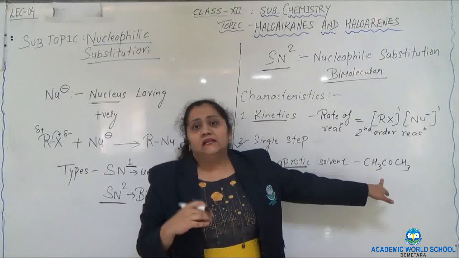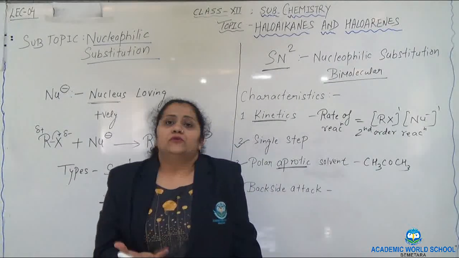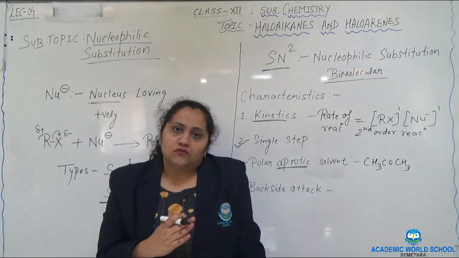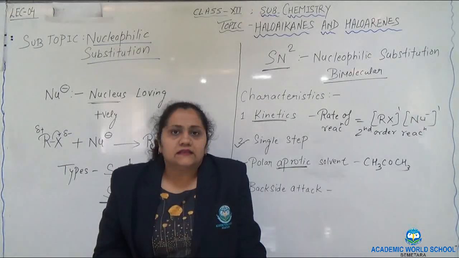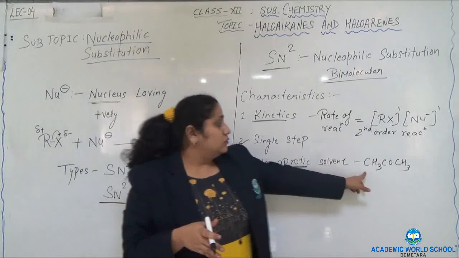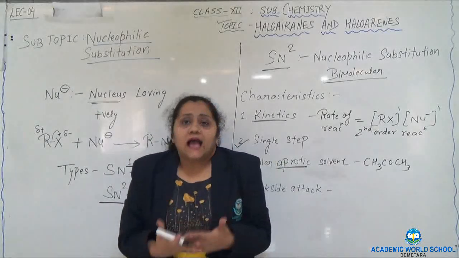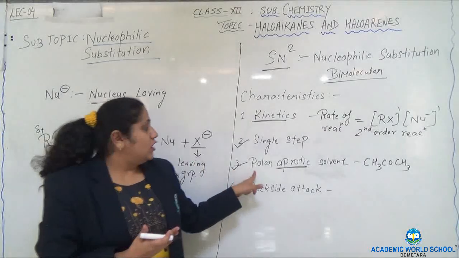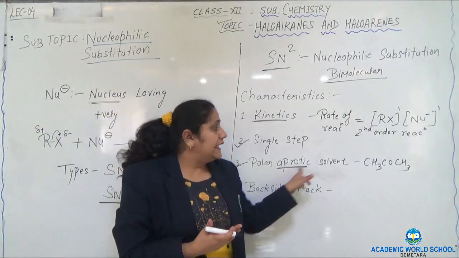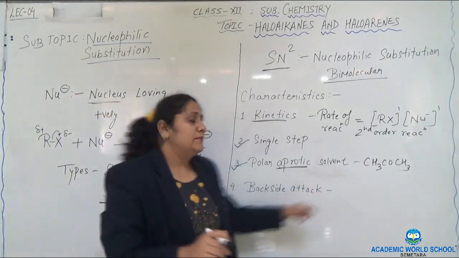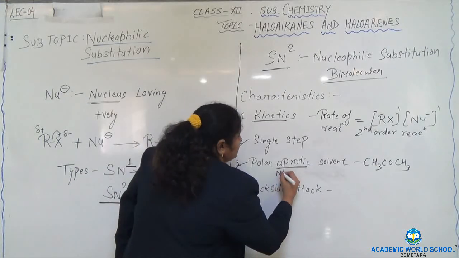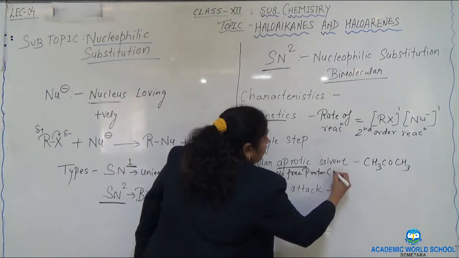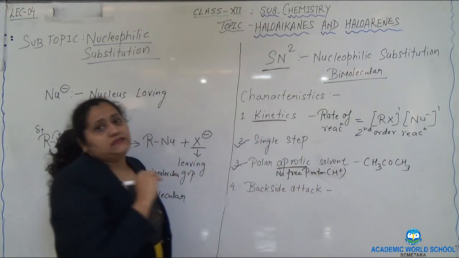Hydrogen does not mean a proton; proton means a free proton, for example HCl gives H plus and Cl minus, and H2SO4 gives H plus and SO4 2 minus. Hence in acetone there is no free hydrogen. SN2 reactions always occur in the presence of an aprotic solvent. Remember, aprotic means no free proton, no free H plus ion.